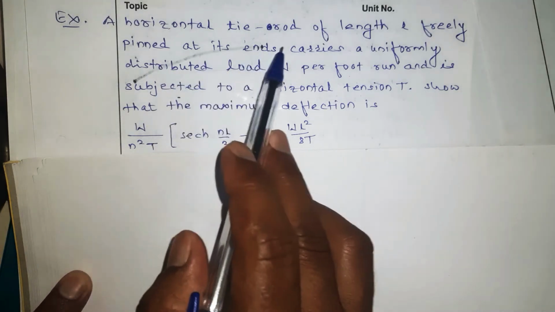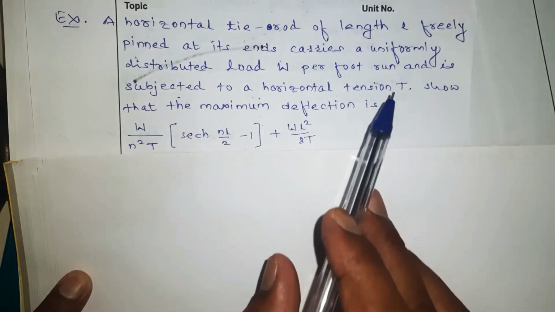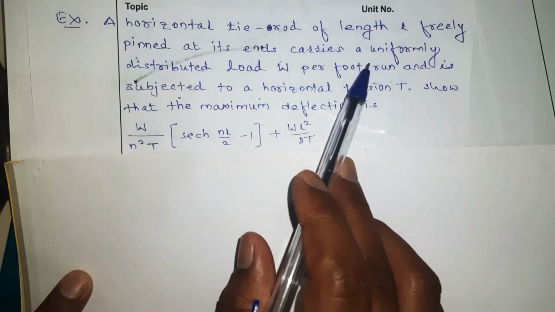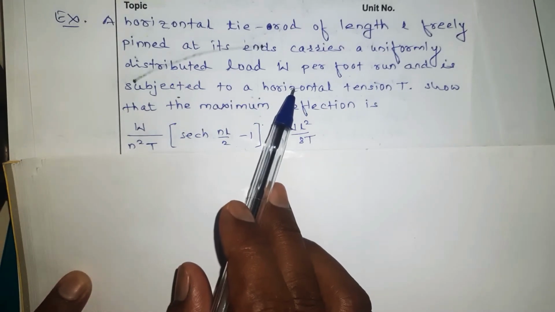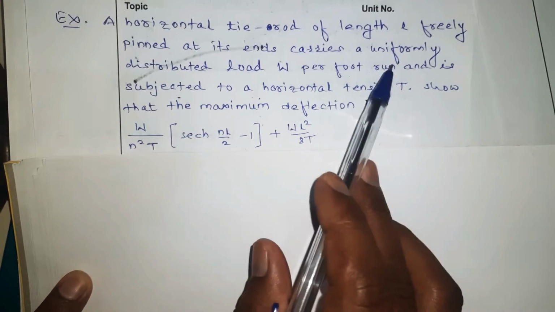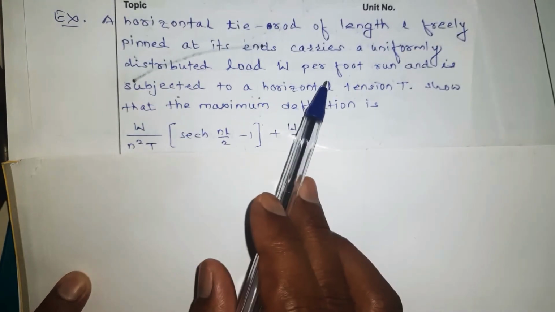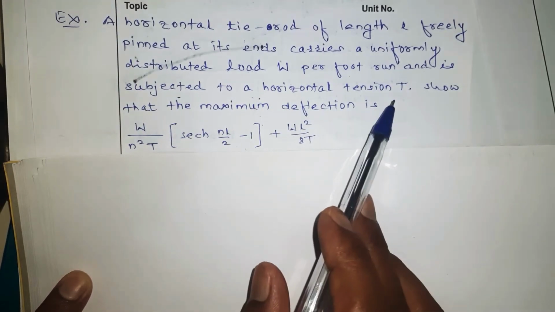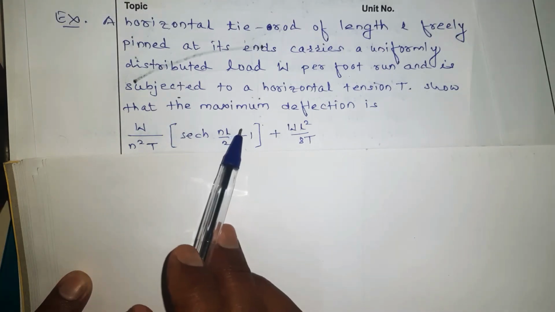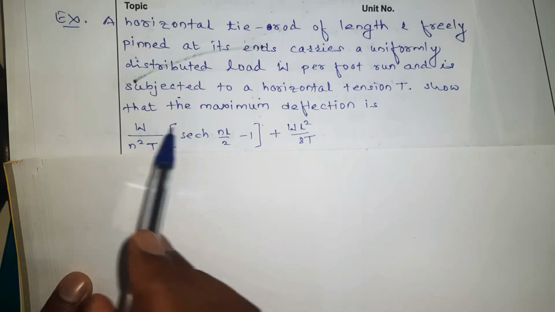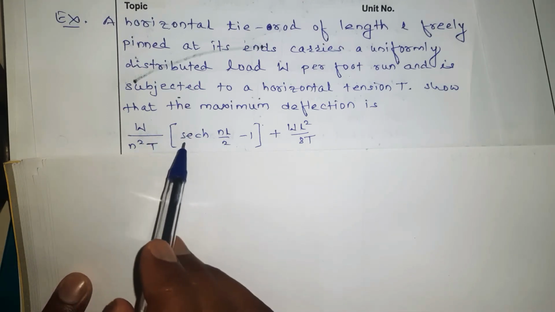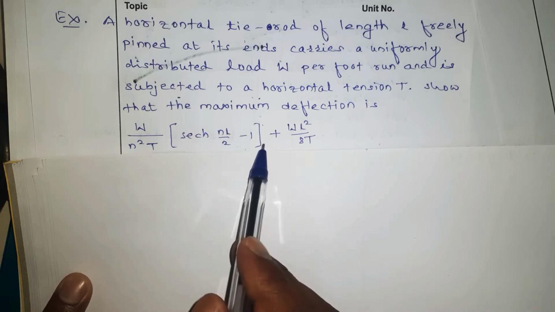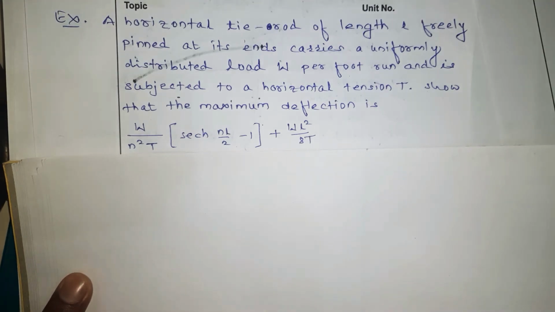A horizontal tie rod of length L is freely pinned at its ends, carries a uniformly distributed load W per foot run, and is subjected to a horizontal tension capital T. Show that the maximum deflection is W upon n square T in bracket sec h nL upon 2 minus 1 plus WL square upon 8T.